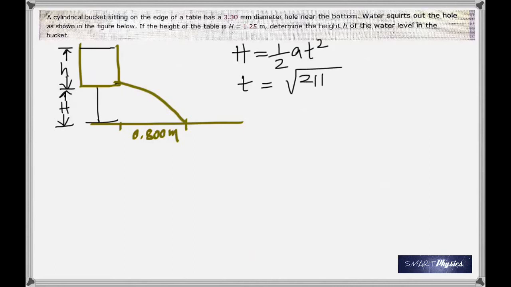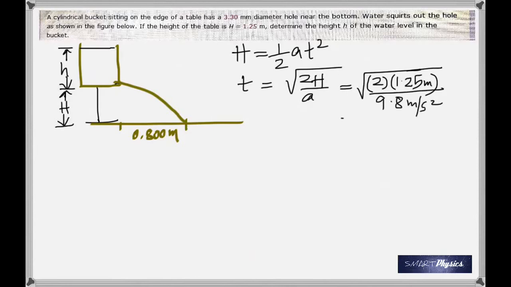So you can make t the subject and you get t squared equals 2h by a, which is 2 times the height of the table, 1.25 meter, divided by 9.8 meter per second squared. And that gives 0.255 seconds. So, square root of that, 0.505.